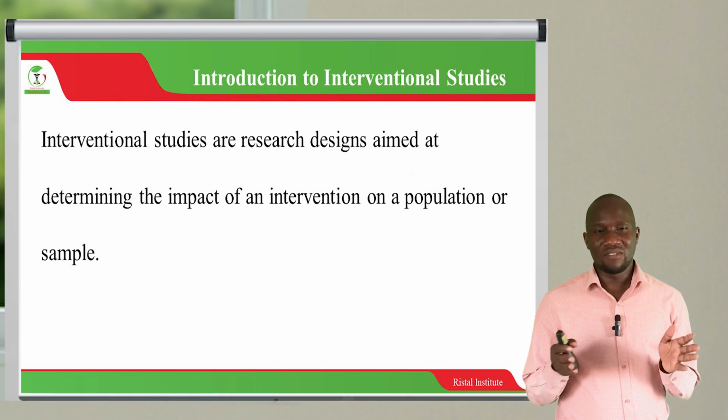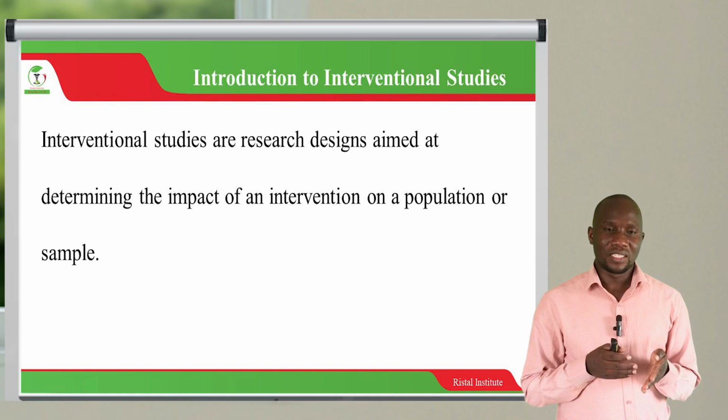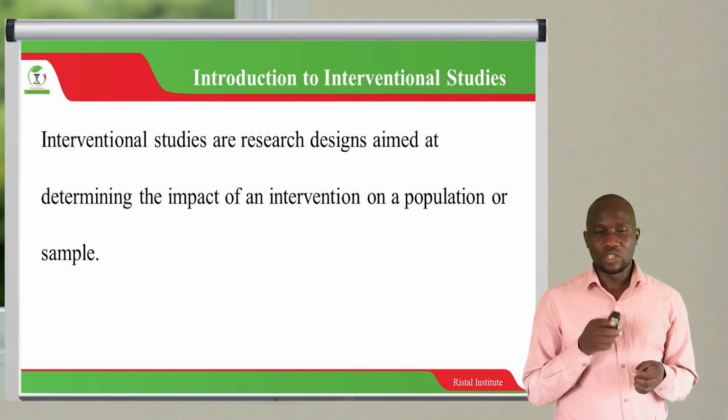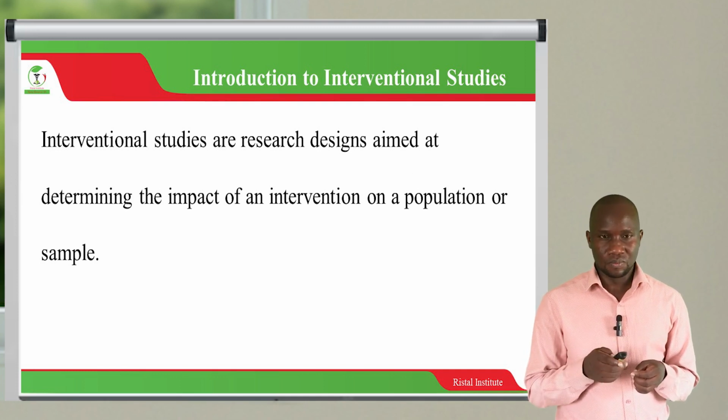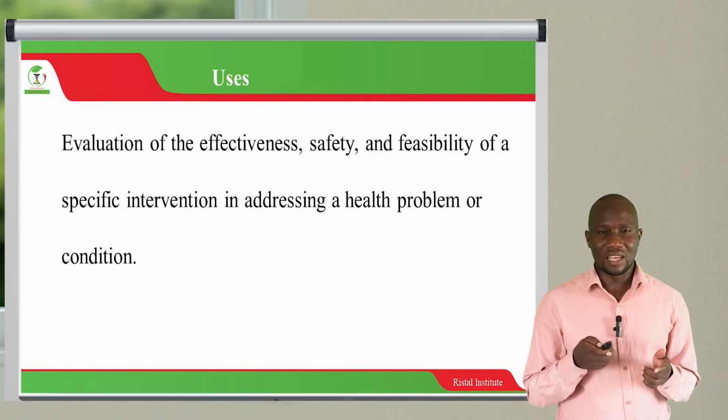So when you have these two groups, that is when we can now determine the impact of the treatment or the intervention on a particular group. That is the target, what we call the interventional group or the treatment group. Okay, so that is basically the purpose of interventional studies.